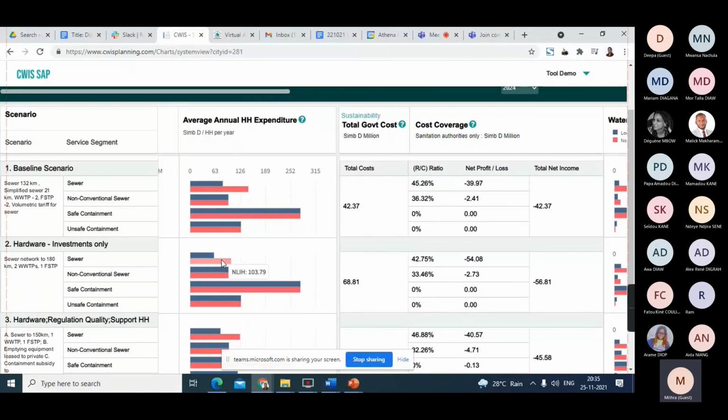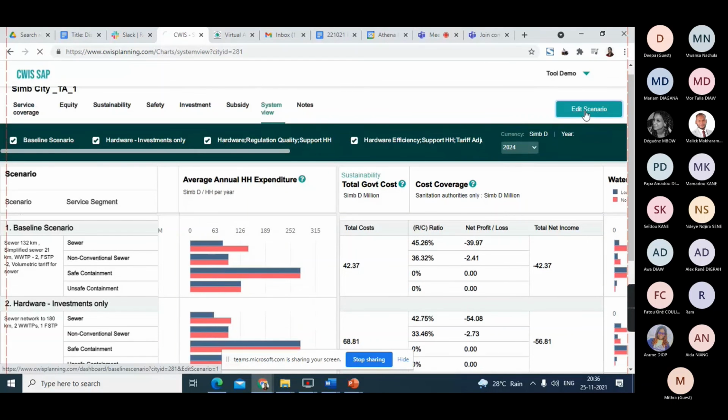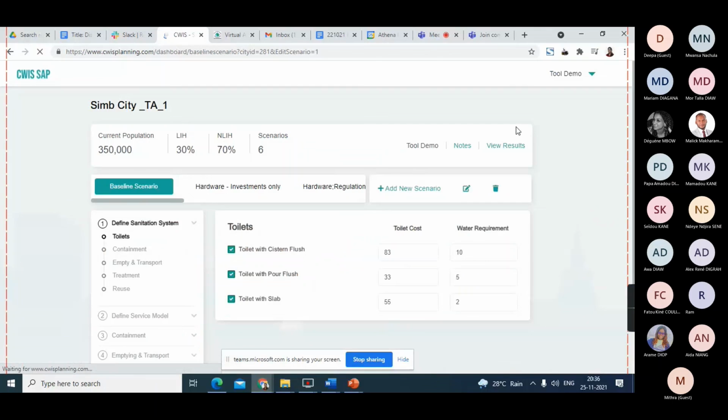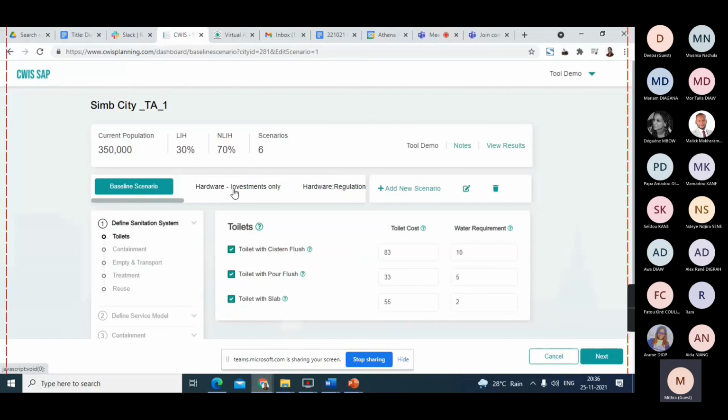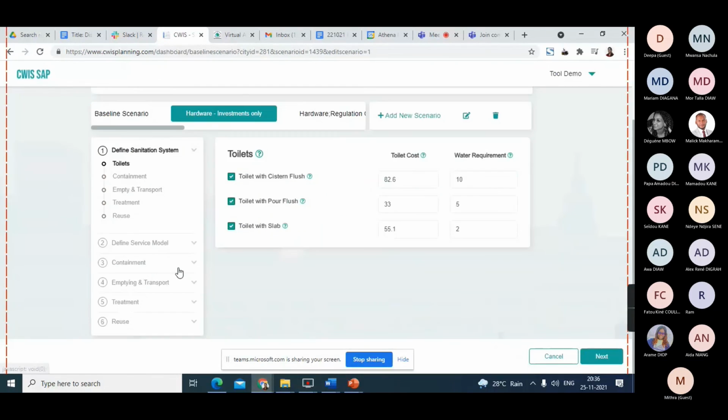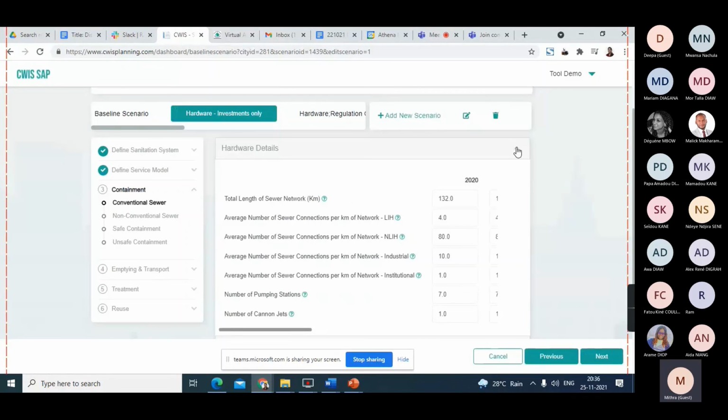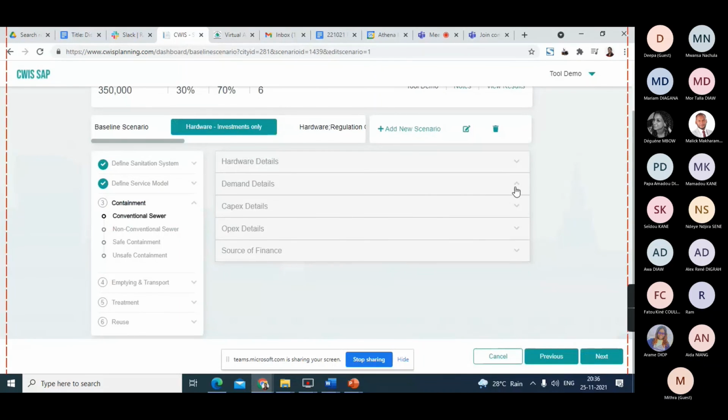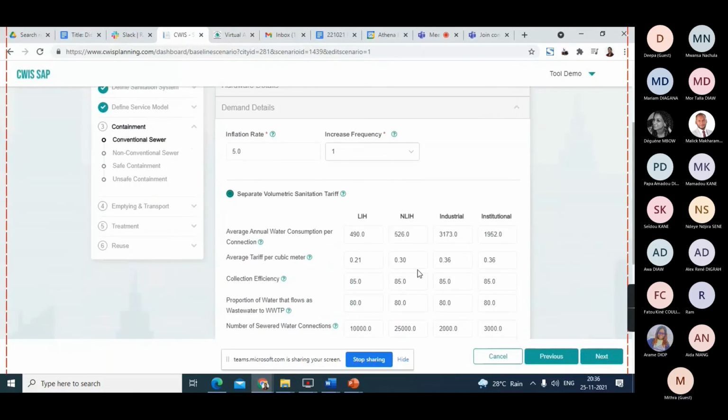So when I know that there is a possibility to increase the tariff, I go to the edit scenario and select this specific scenario, and in the containment section where my prices are specified in the demand section, I would be interested in making this 2.5 times the tariff they are currently paying, which is 0.36 per meter cube.